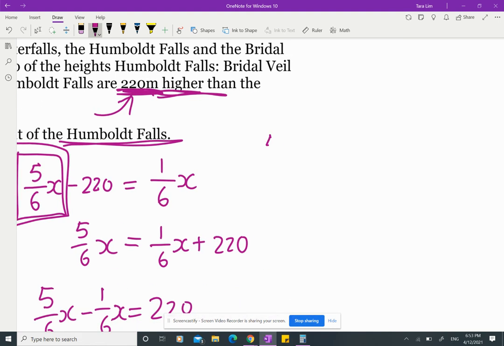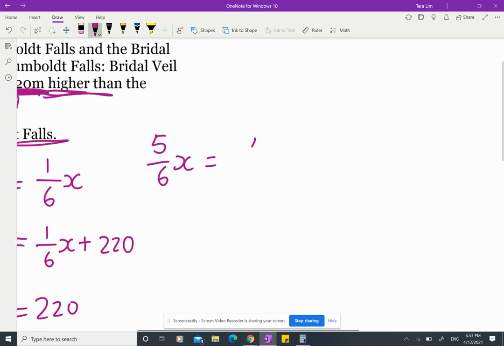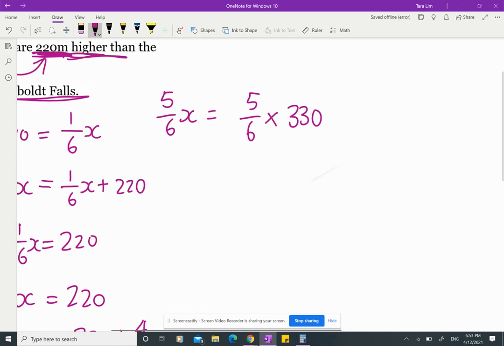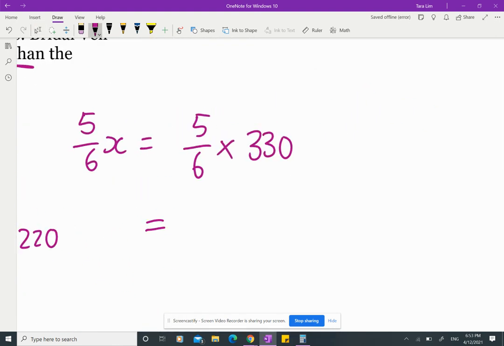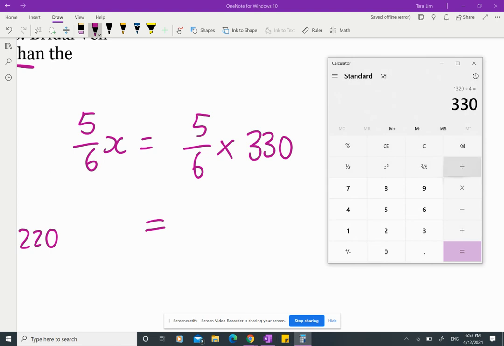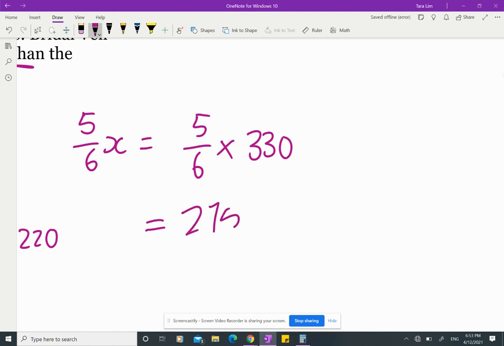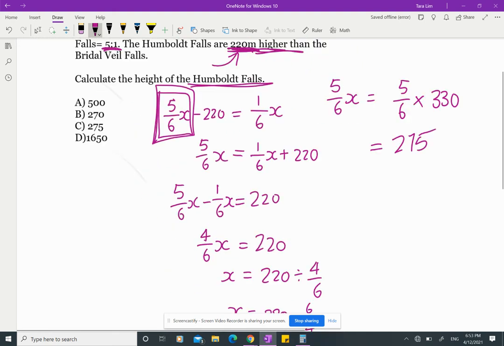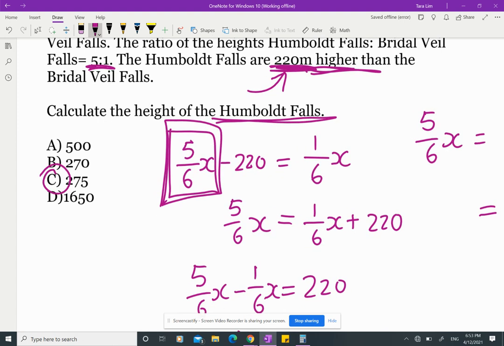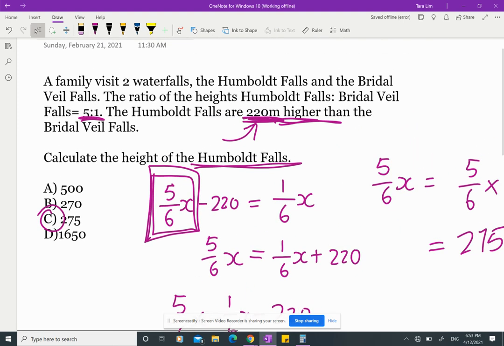Now we know what x is, so 5 over 6 times 330. 330 times 5 divided by 6 gives us 275. So 275 is the correct answer. It is the height of the Humboldt Falls.